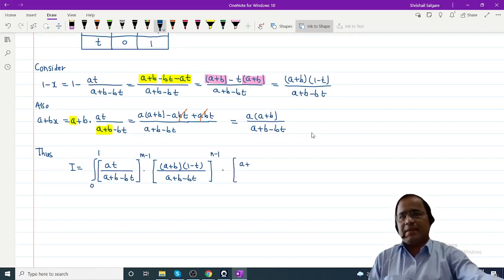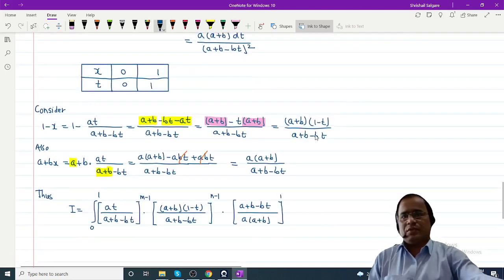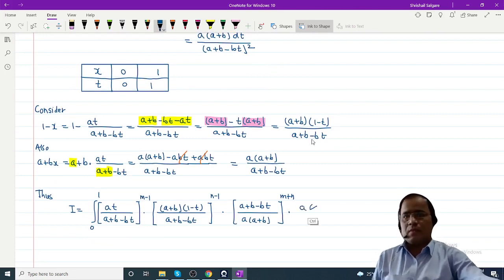Then it becomes a plus b minus bt, that whole divided by a into a plus b, raised to m plus n. And dx is a into a plus b divided by a plus b minus bt, whole squared, into dt.